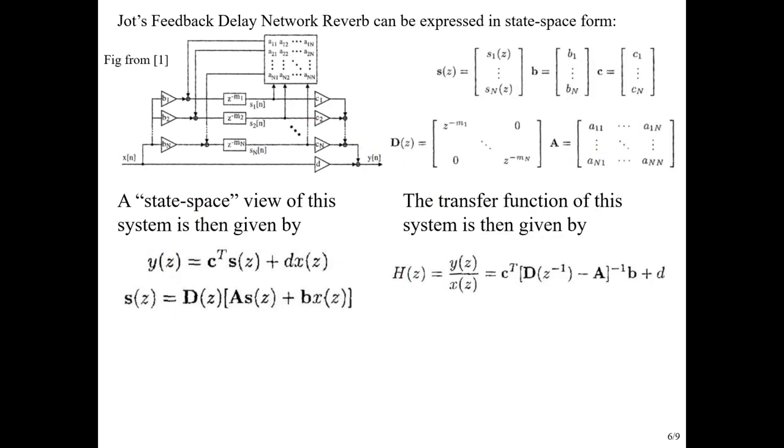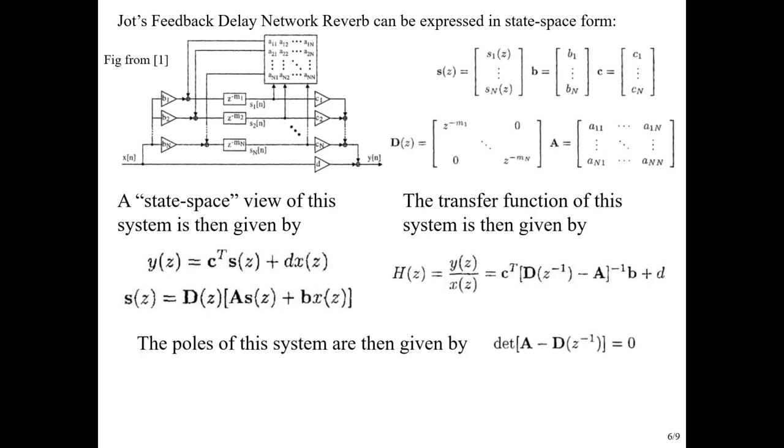If you've studied state space, you know where this idea comes from, and we looked at that back in our Unit 1 coverage of state space. But now we can think about this in a variety of different ways. We have the feedback network view, the state space view, the transfer function view, and so on.